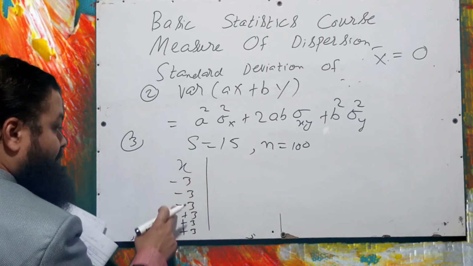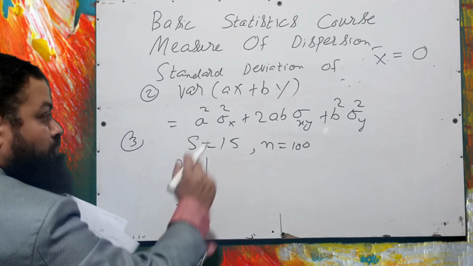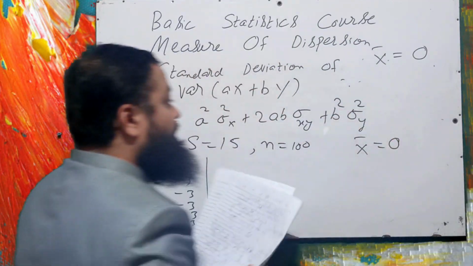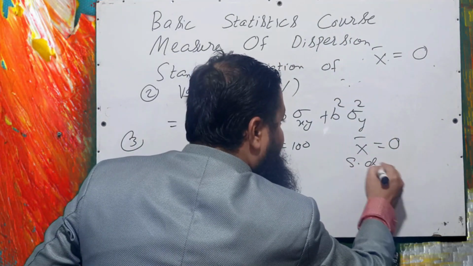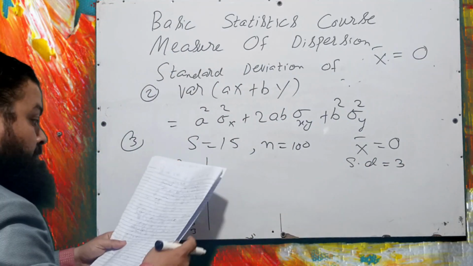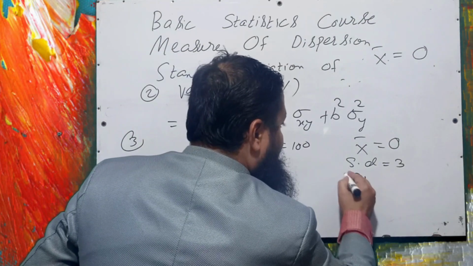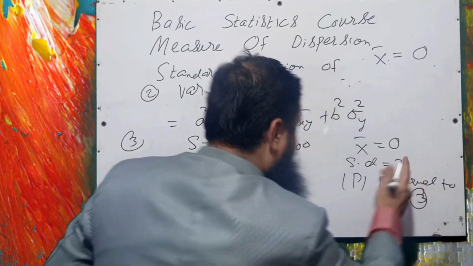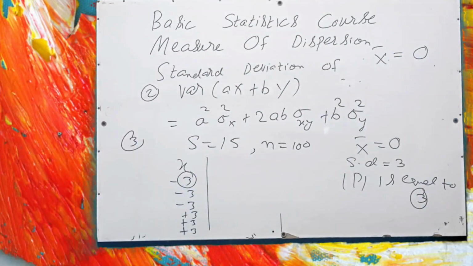Half of them are equal to -3 and half of them are equal to +3. We have discussed in question number 1, its mean will be equal to 0 and standard deviation is given, that is equal to 3. It means the p mod is equal to 3. Question number 5.